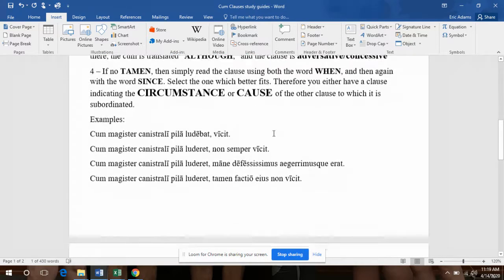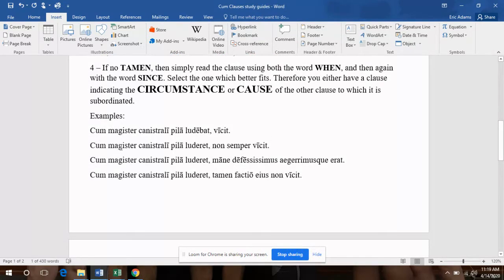So let's look at 3 or 4 specific examples. Each of these, as you can see, has roughly the same structure for the cum clause, and all of them are going to be translated in the exact same way, and that's the point here as well. When you have a subjunctive in a cum clause, you don't need to translate the subjunctive any differently than an indicative.